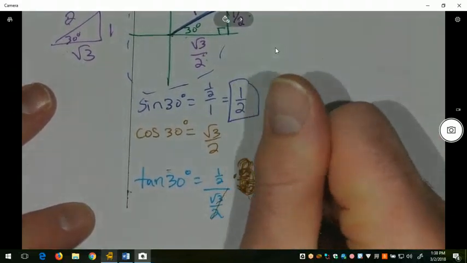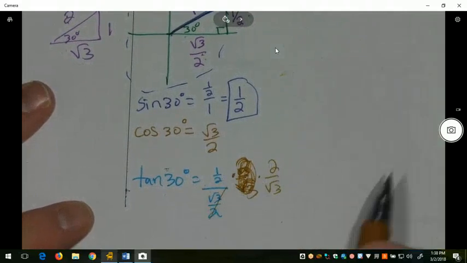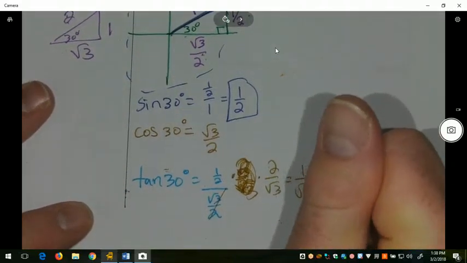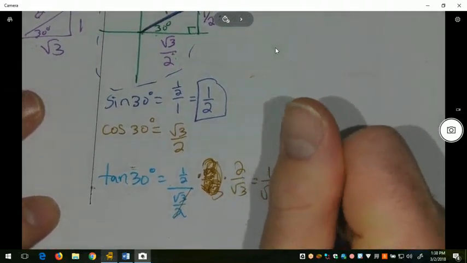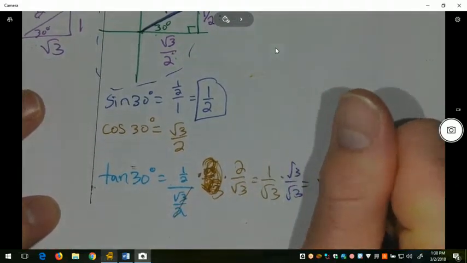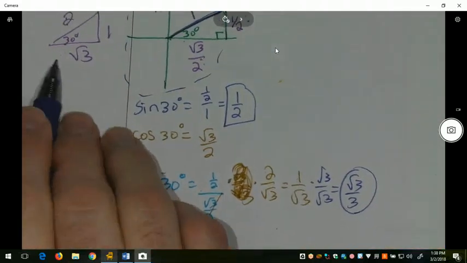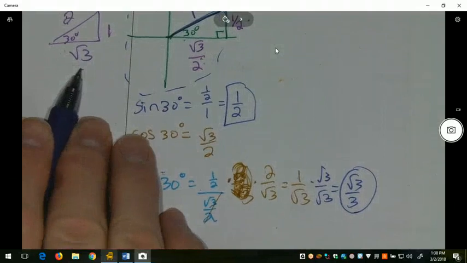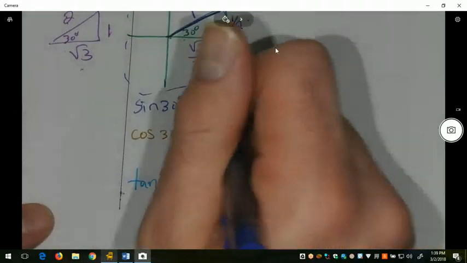So this is actually times 2 over square root of 3. 2 over 2 is 1, so this is 1 over the square root of 3. That's not simplest radical form though. We have to rationalize the denominator. This gives us square root of 3 over 3, which is what we would have gotten if we used this triangle. We would have had 1 over the square root of 3, rationalized our denominator, gotten the same value.